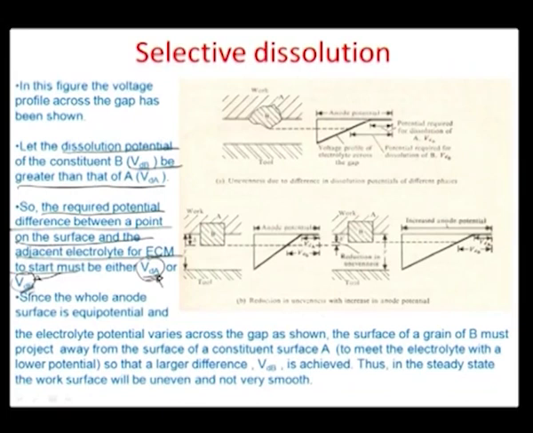Now, what is interesting here is to see that because VdA is lower than VdB, VdB is always, let us say, the anode potential, and this much amount is corresponding to the potential drop. Okay. So, the amount of available anode potential VdB would be only at a certain distance away from the anode. It cannot be near the anode.